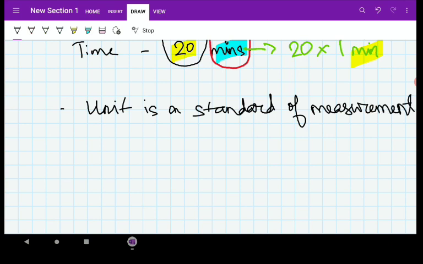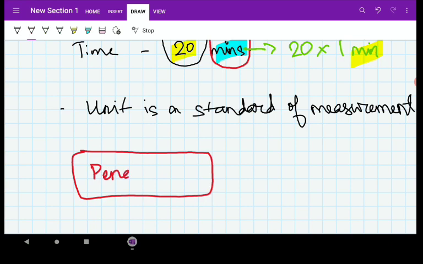Now next question will come. Yes, we understood what is unit, but why do we need units? See, suppose both me and you, we both have the same pencil box. Okay, it is a very beautiful pencil box. Now I ask you what is the length of the pencil box.